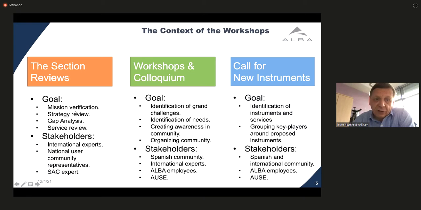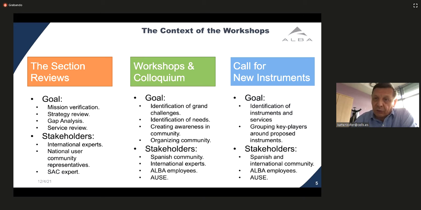And for the section reviews, only very short. So the goal is the mission verification here, the strategy review, the gap analysis, and the review of all the services we are at the moment providing. And then stakeholders here: experts, national user community representatives, and a sector expert.